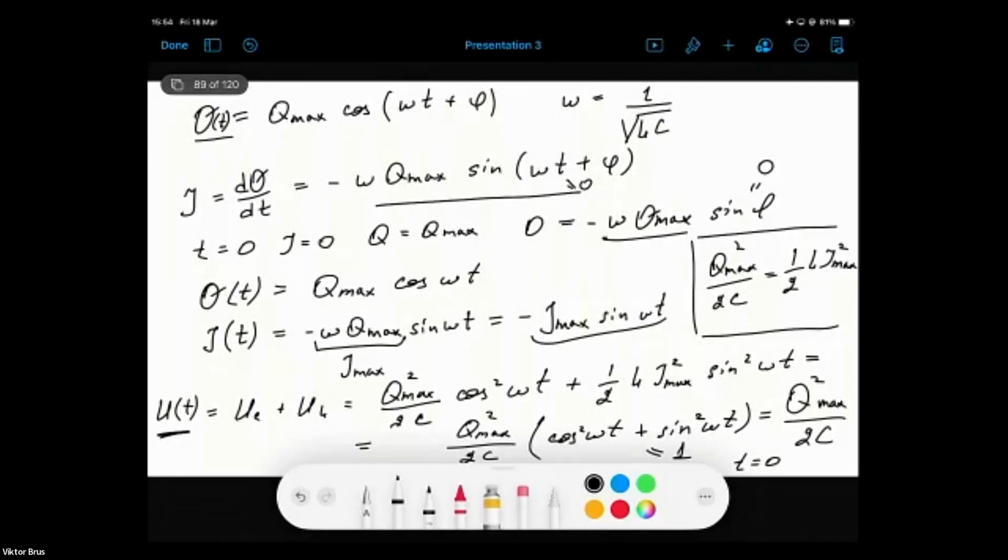Eventually, we have shown that indeed over time, total energy, the sum of energy accumulated in the capacitor and inductor, doesn't change and remains constant, equal to the initial energy accumulated in the capacitor prior to the start of these electrical oscillations in the LC circuit.